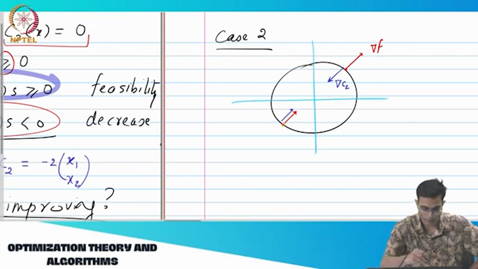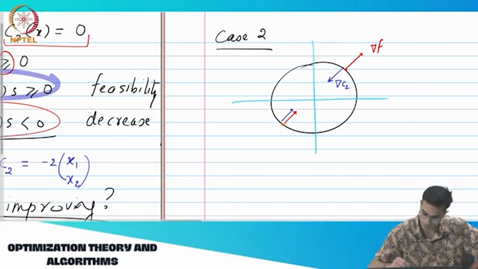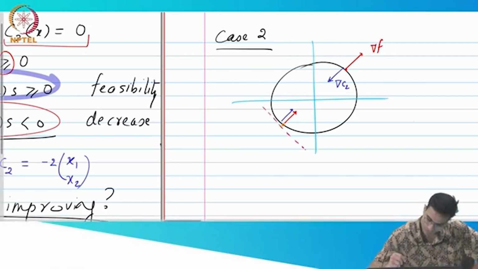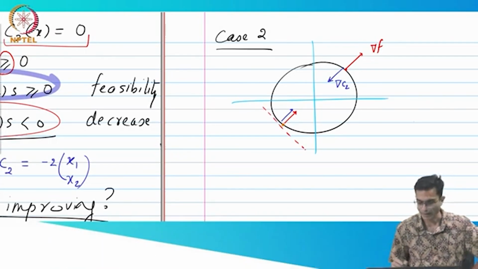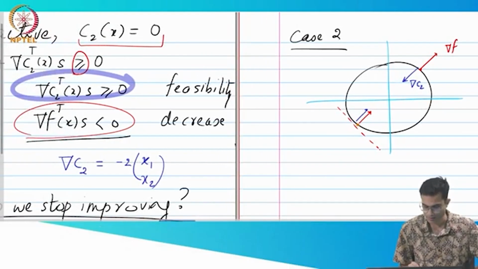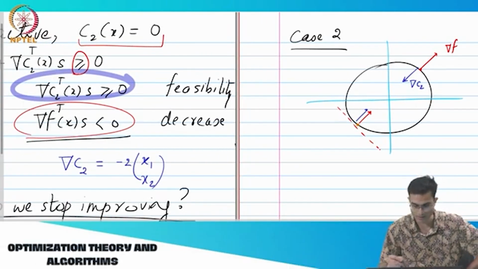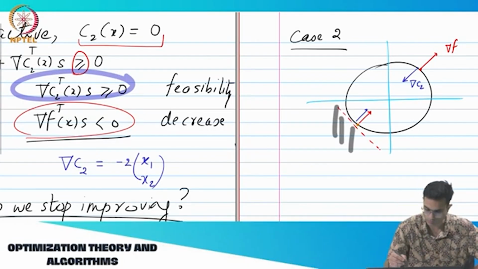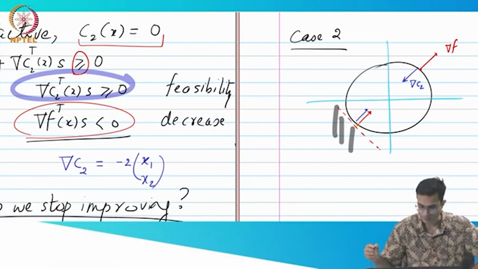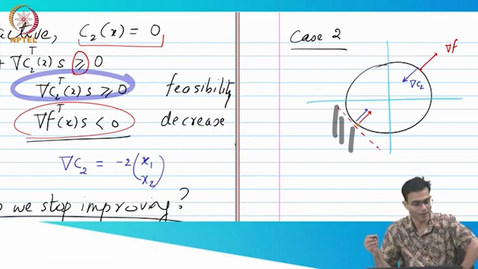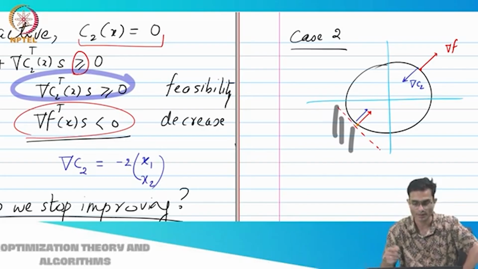Now let's look at this point over here. So grad f transpose S should be less than 0. That means where am I? Here. Great. And grad C2 transpose S should be greater than 0.